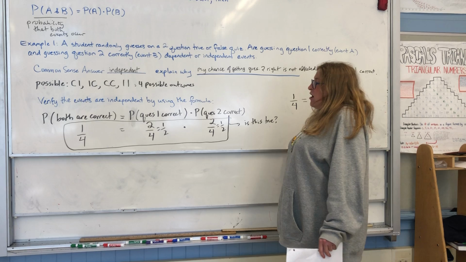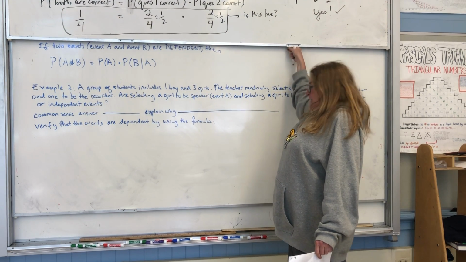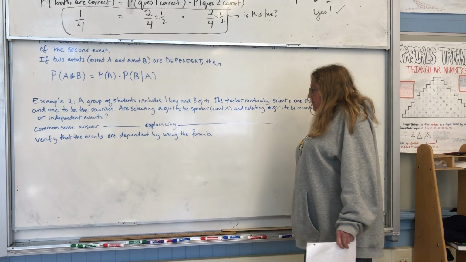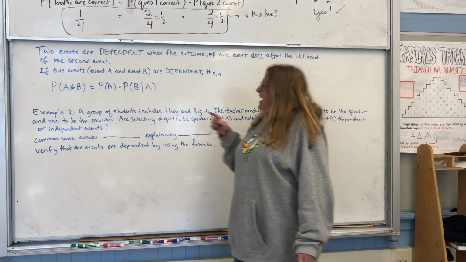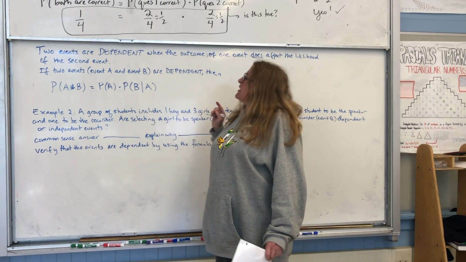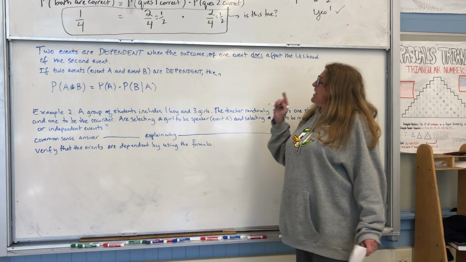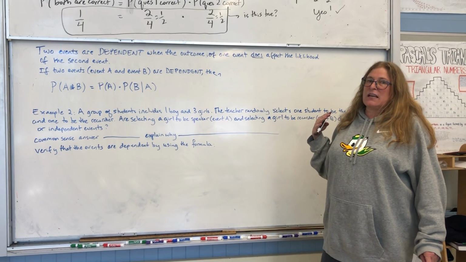Okay, let's look at the more complicated case, and that is when events are dependent. So if I want the probability of two events occurring when they're dependent, I have a different formula. Dependent events are when the outcome of one event does affect the likelihood of the second event.